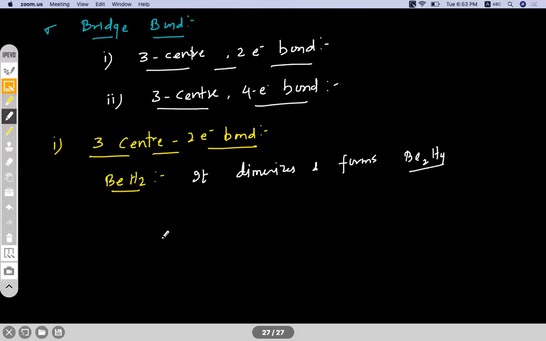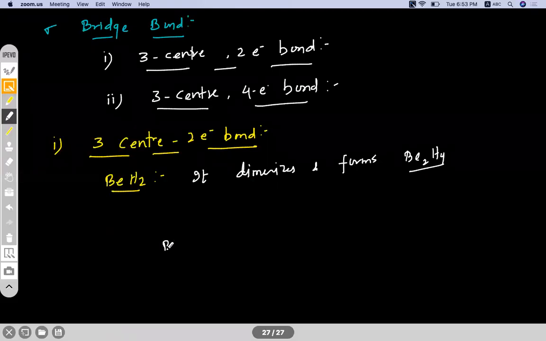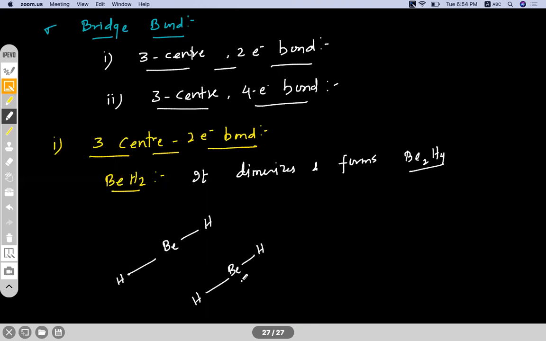Beryllium has a vacant p orbital available in this bonding. If you look at the bond here, BeH2, and another molecule BeH2. If you look at the electronic configuration of beryllium, it has 4 electrons, so it has 1s2, 2s2 and 2p0. There is no electron in the p subshell, right?